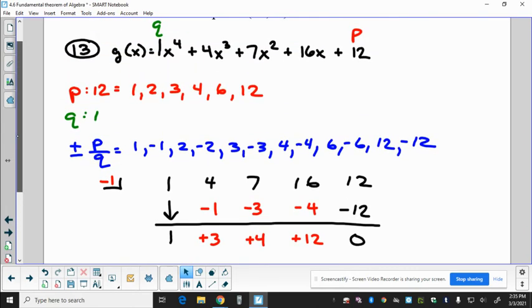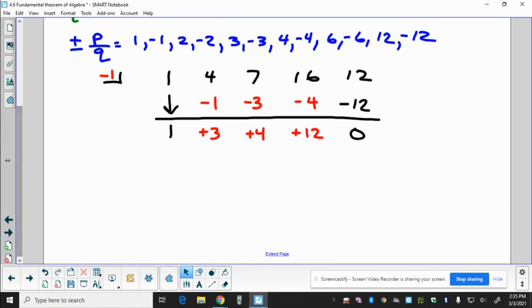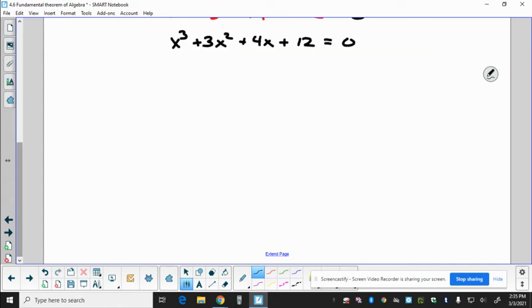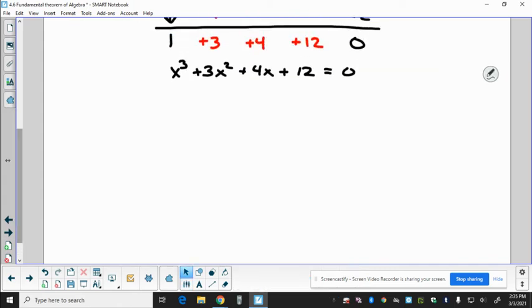So let's go back up. What was the degree of this? It was 4. Let's write the depressed polynomial. So it'd be 1x cubed, 3x squared, plus 4x, plus 12 equals 0. Now, I'm thinking that might be able to be solved by factoring with grouping.